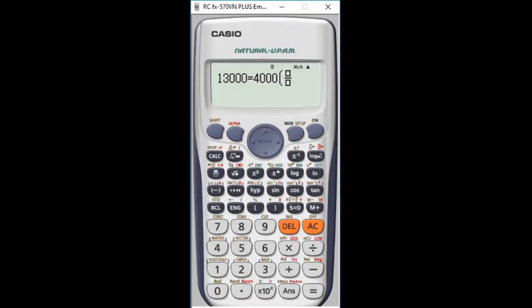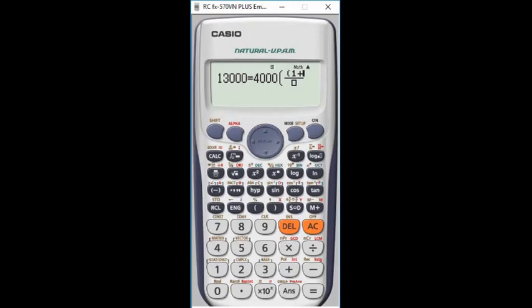First, complete the numerator values: bracket open, 1 plus. What we need is to calculate the R value, and in order to calculate R, we are required to put X against the value of R so that the calculator can solve for the X value.